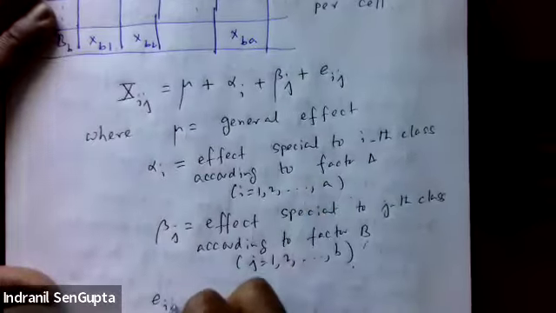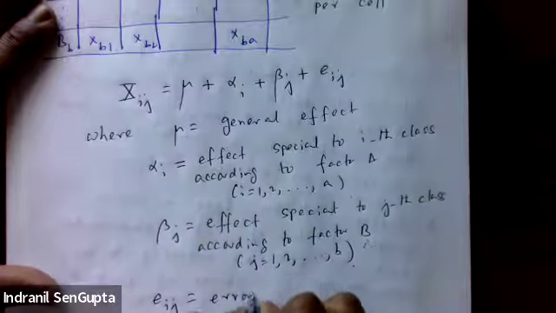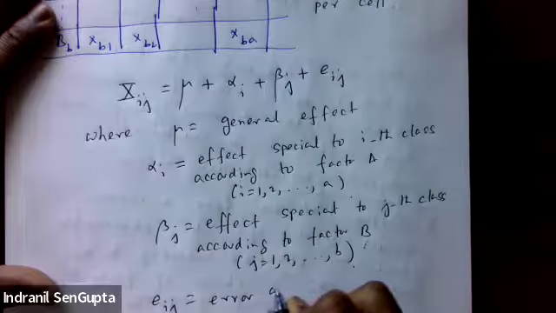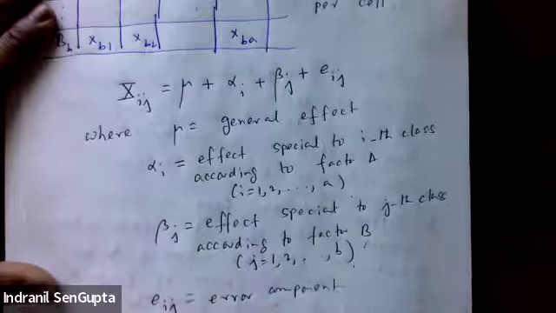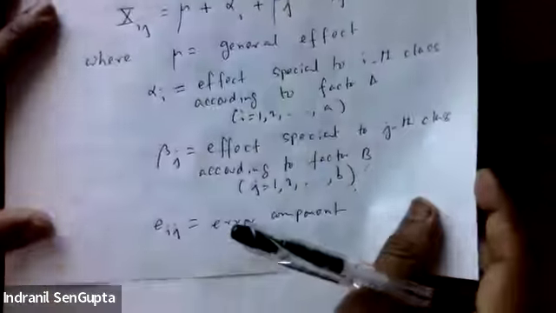And this e_ij we write as the error component. And this model is called a linear model.